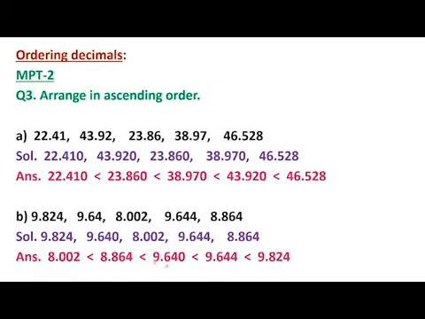Now we'll compare all the numbers having 9 as their whole number. After 8.864 comes 9.640, then 9.644 and 9.824. This is the ascending order arrangement.